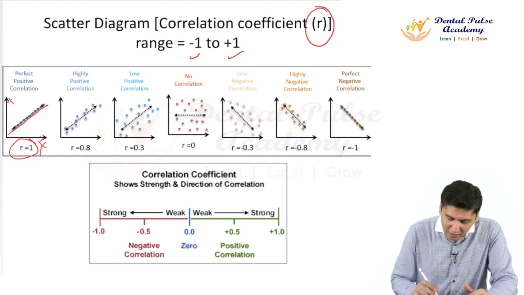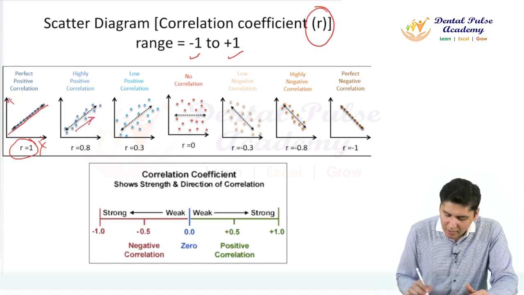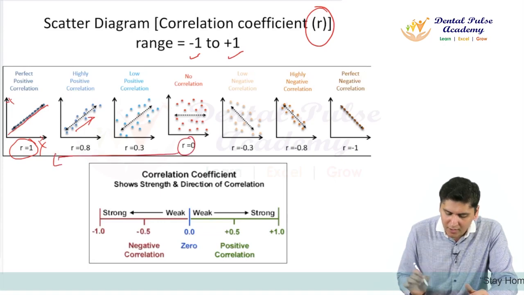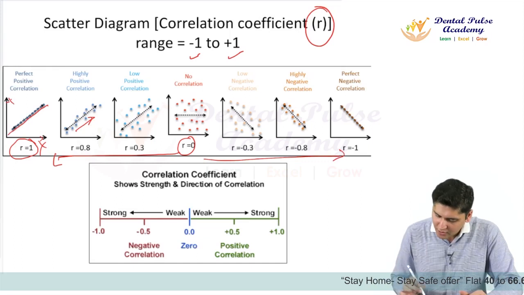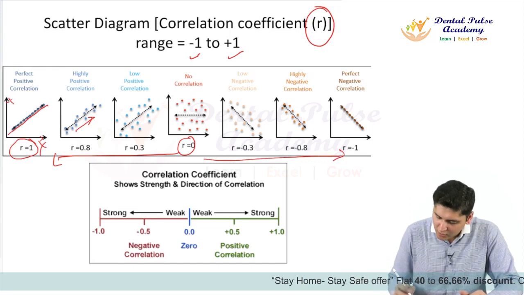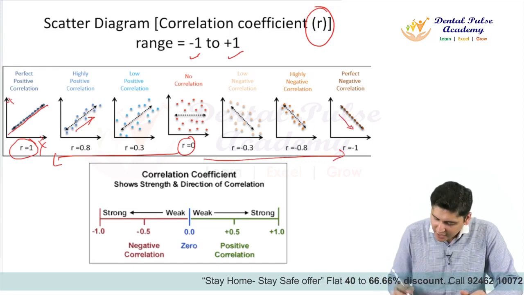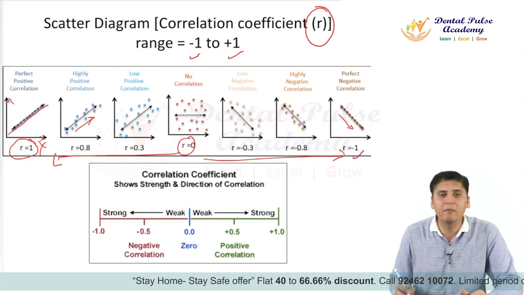And if the dots are not arranged in a linear fashion but somewhat towards the positive side, the R value will be between 0 and +1. Same goes with 0 to -1. When the dots are arranged in a linear fashion towards the downside, if they are perfectly arranged in a single line, the R value will be -1.